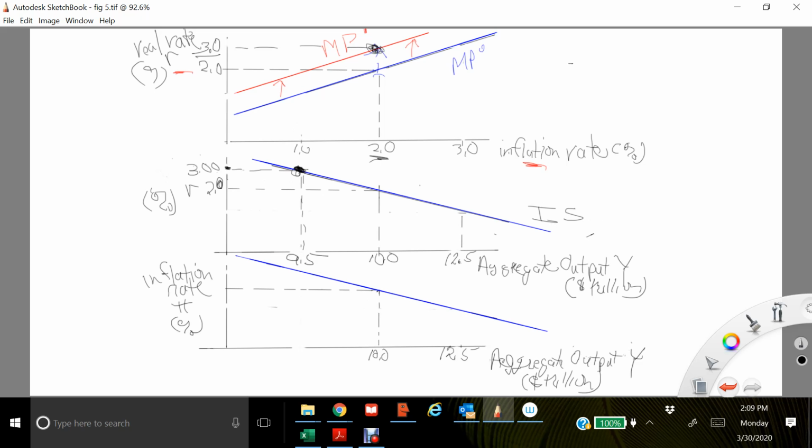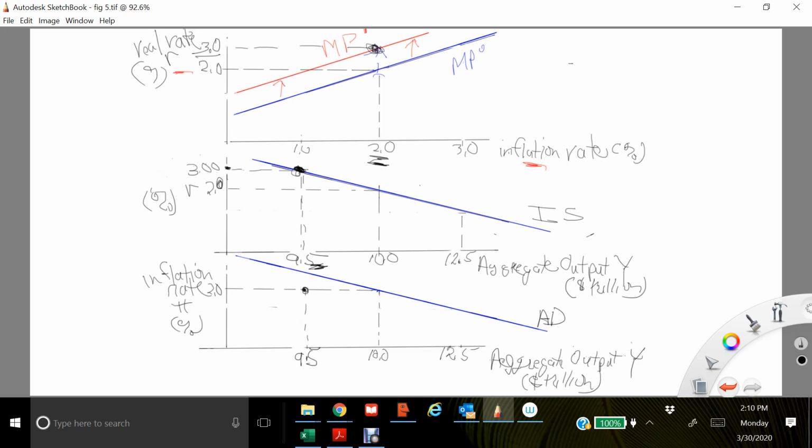So we take that down to our aggregate demand curve here and say that now at our original inflation rate here of 2%, we now have equilibrium income at 9.5, which is here.